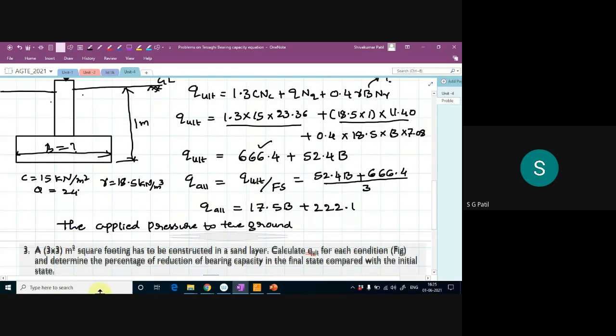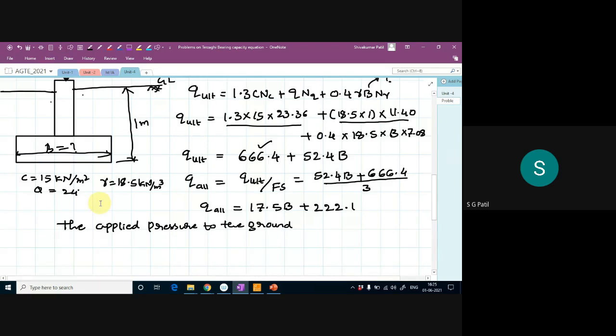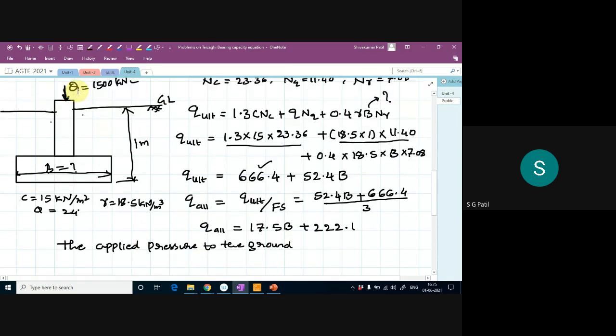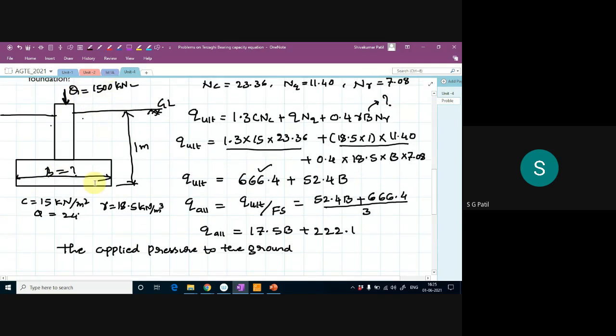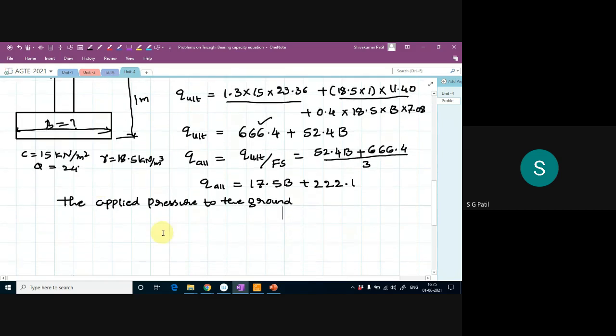So the applied pressure to the ground is whatever load you applied here, that is my Q, divided by area. So 1500 kilonewton is my load, and let B be my width of foundation. I still don't know the width of foundation. Since it is a square, your breadth and length will both be the same, so B by B.